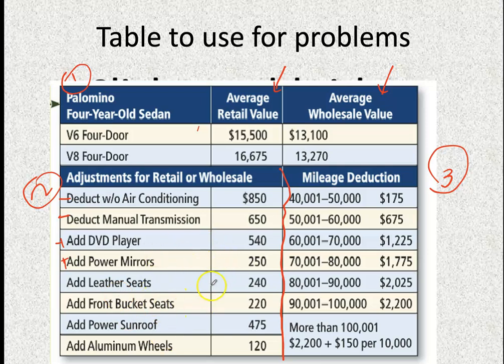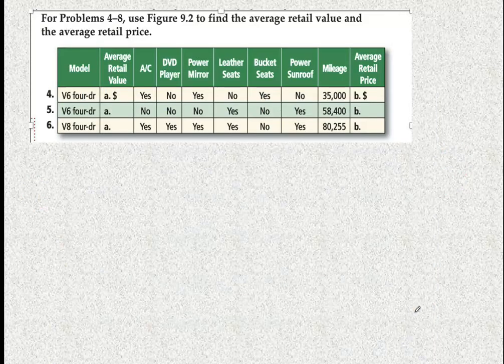Add or subtract depending on the options. And then there's a mileage deduction. If it's got over 100,000 miles, it's 150 per 10,000. But I think most of our questions just deal with those. If you have not figured out this chart, please talk to Ms. Dahlstrom.